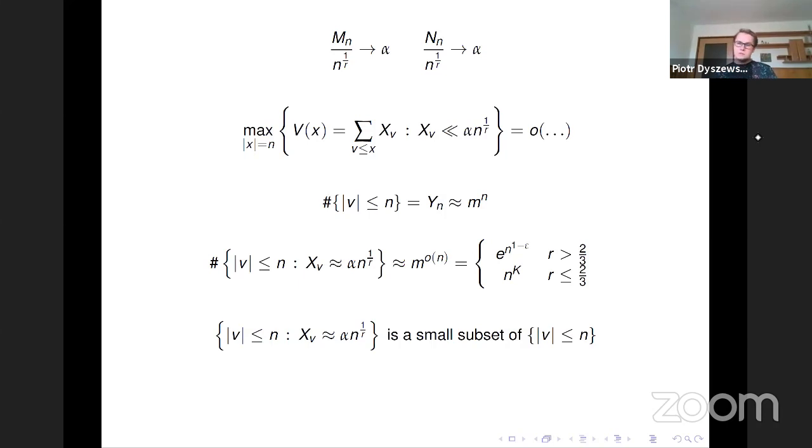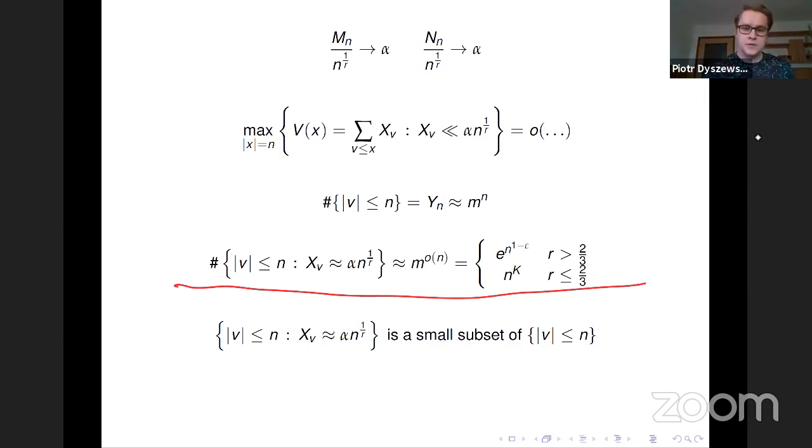And I do know that this line is somehow vague, because I don't tell you what I mean by x having a big jump. So the takeaway message from this line is that for small values of r, we have a small number of big jumps that contribute, and for big values of r, we have a lot of big jumps that can contribute.